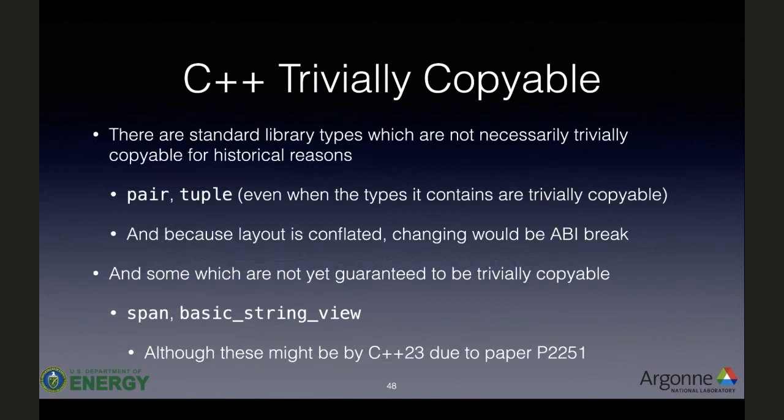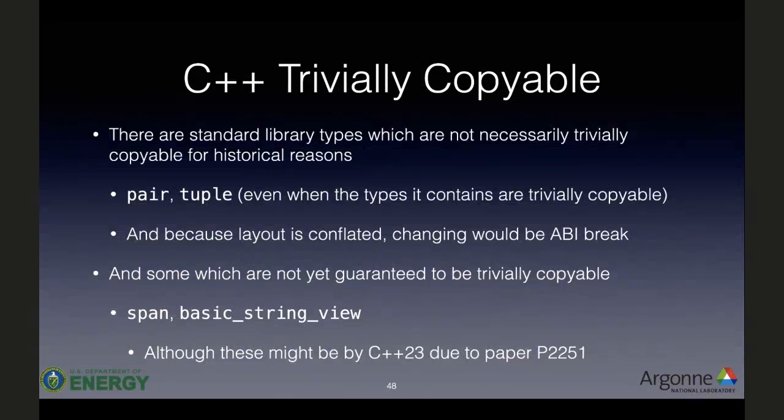And plus, there are historical reasons why some things are not necessarily trivially copyable. Pair and tuple are the obvious examples. Even if pair contains types that are trivially copyable, pair itself is not, in tuple implementations. And we can't just ask vendors to change that, because that breaks the application binary interface, an ABI break.